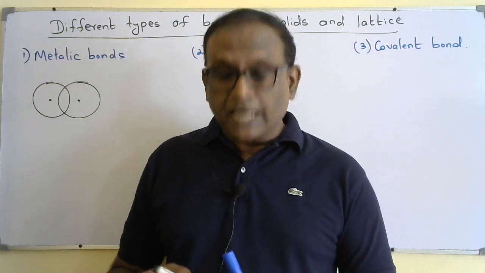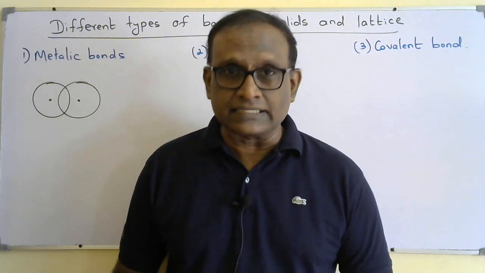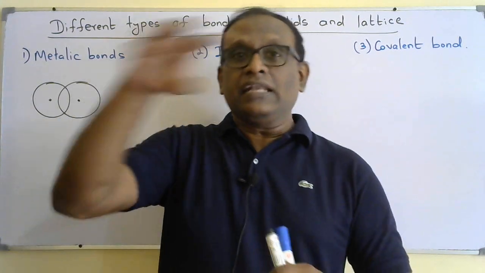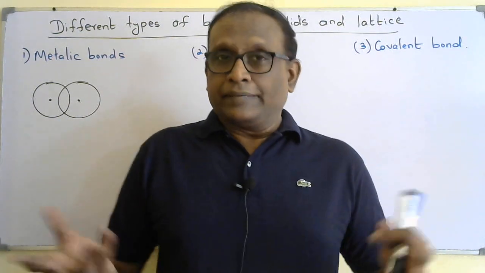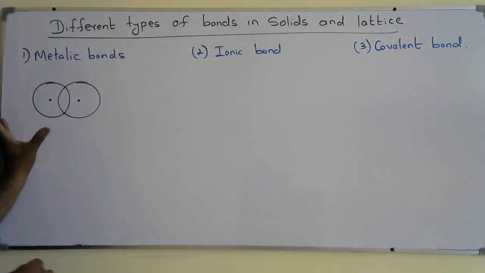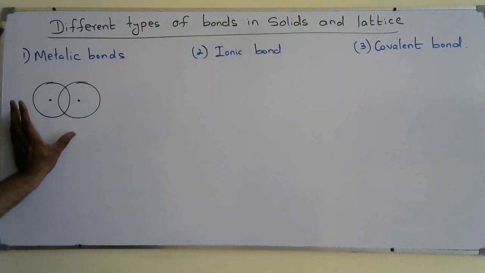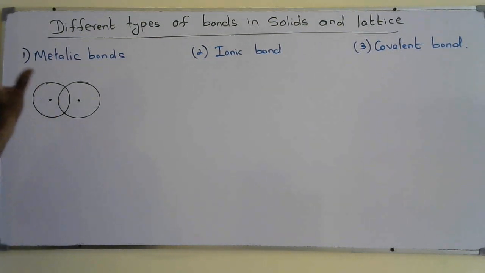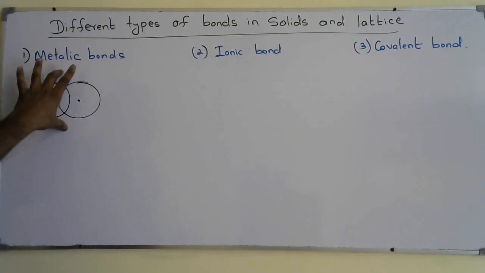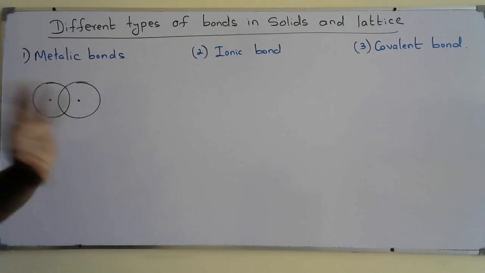So that means the last orbit electrons, the valence electrons, will overlap heavily among them. So due to the heavy overlapping of valence electrons, they form a special type of bond called metallic bond. That's enough for us in this lesson.